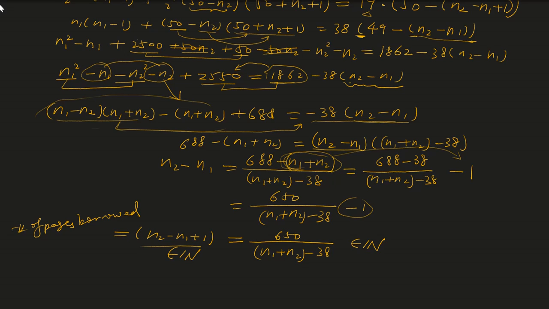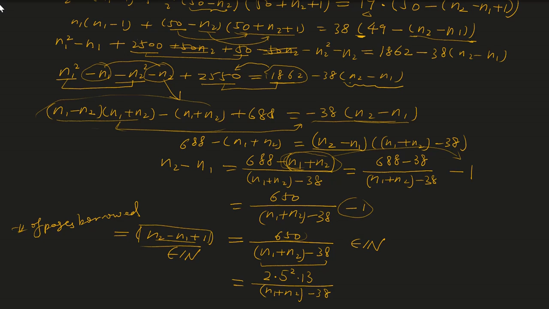Right? So now we can factorize this 650. Then we know that both this and this shall be a factor of 650. So let's write it out. 650 equals 2 times 5 squared times 13 divided by n1 plus n2 minus 38.